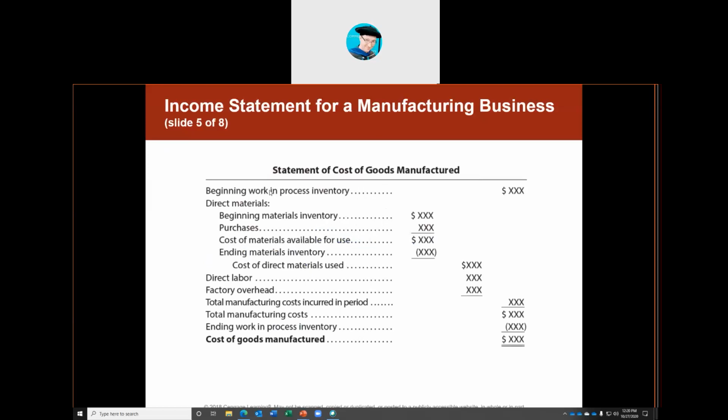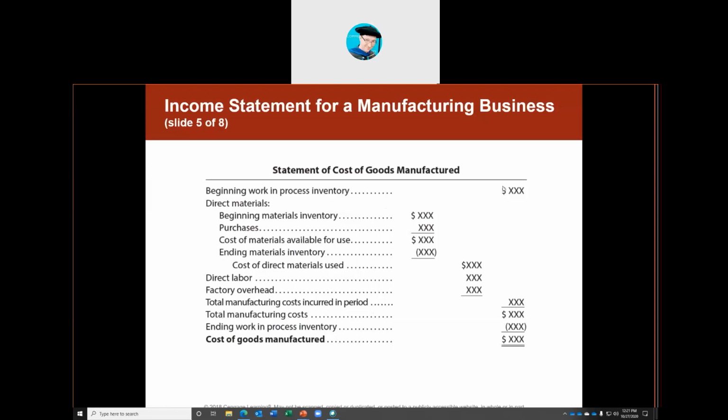We have our beginning work in process inventory. And then we have our direct materials: beginning materials inventory plus any purchases equals cost of goods available for use, minus our ending materials inventory equals our cost of direct materials used, plus our direct labor plus our factory overhead equals our total manufacturing costs incurred for the period.